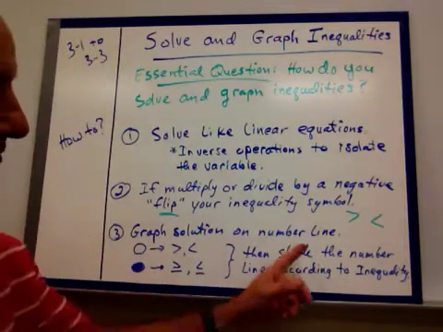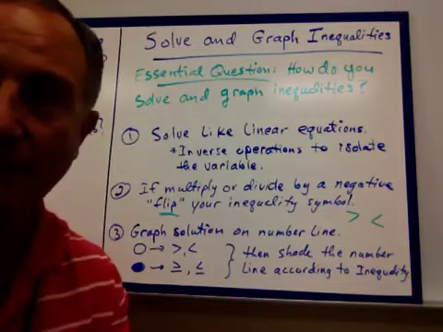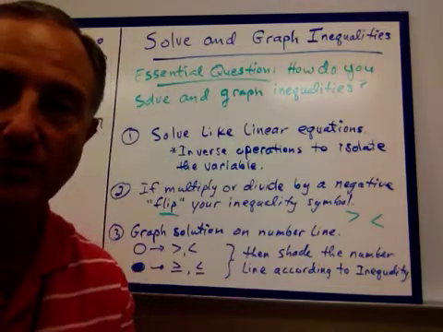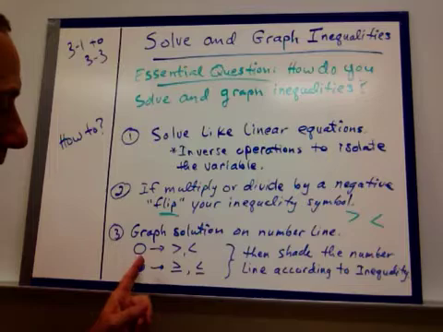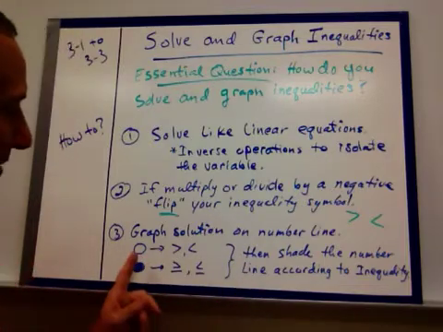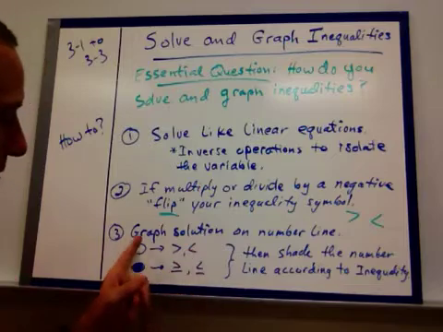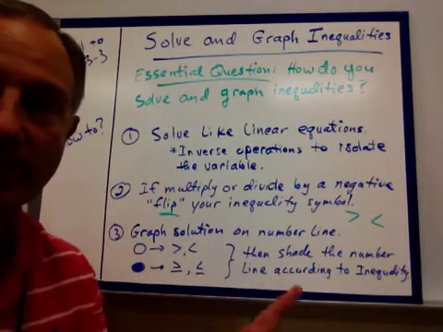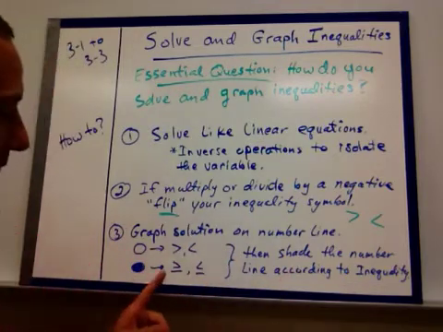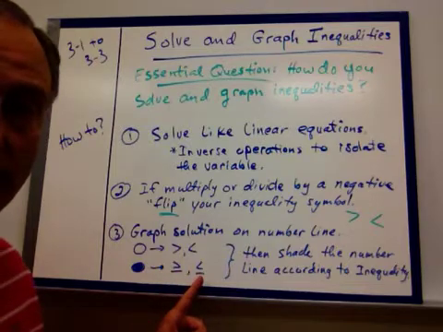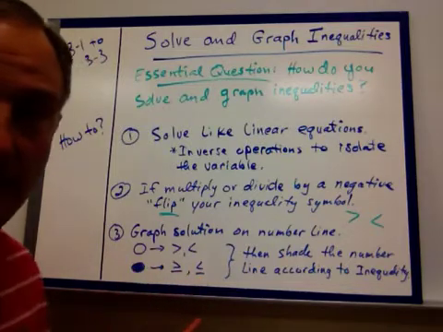When we graph a solution on the number line, and when we graph linear equations, we do it on the number line here. There's only one variable. So if you get a greater than or a less than symbol, you're going to put an open circle over that number on the number line. If you get an equal to along with that inequality, then you're going to put a solid dot.